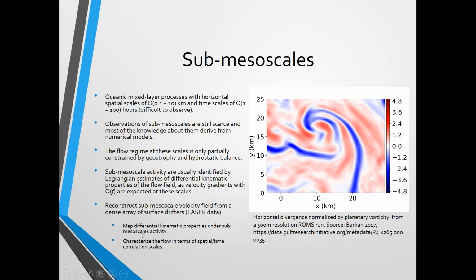So two things that I'm going to show is that we mapped differential kinematic properties under submesoscale activity, and we used a technique that I'm going to talk about later called Gaussian process regression, in which we optimize correlation scales in space and time. And I'm going to characterize this regime also in terms of these correlation scales.